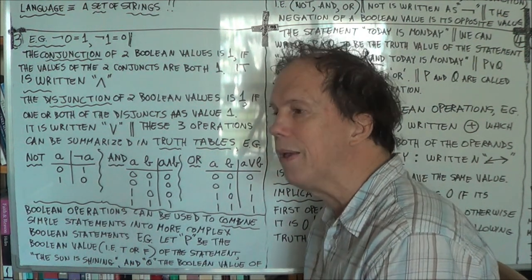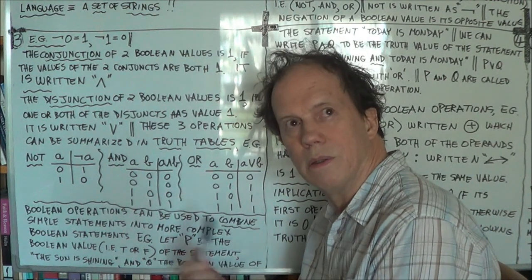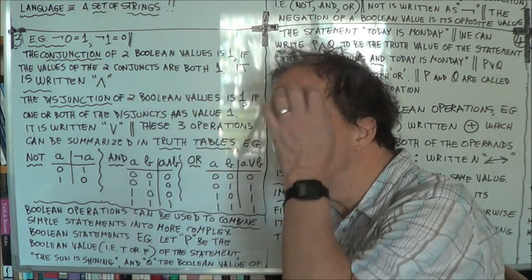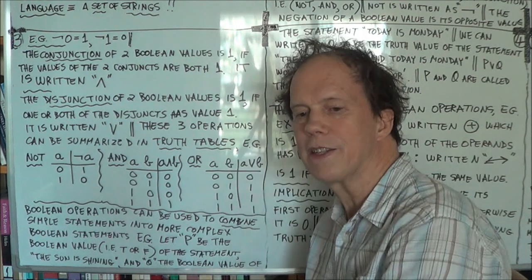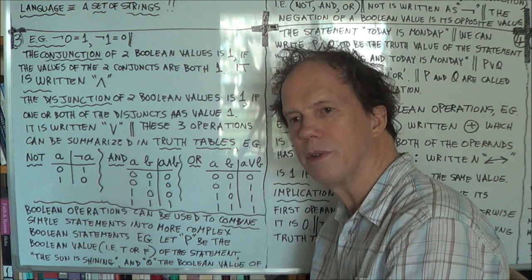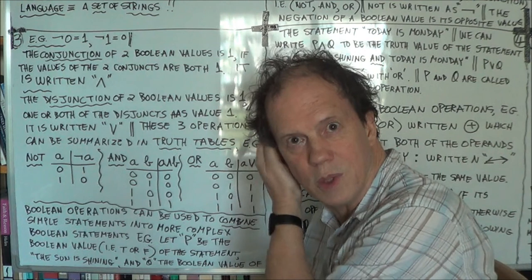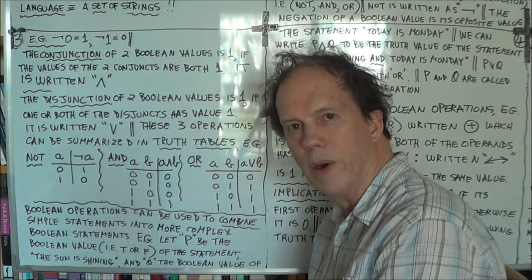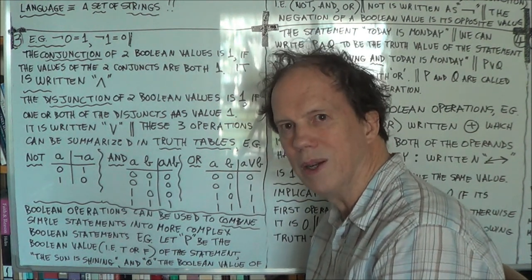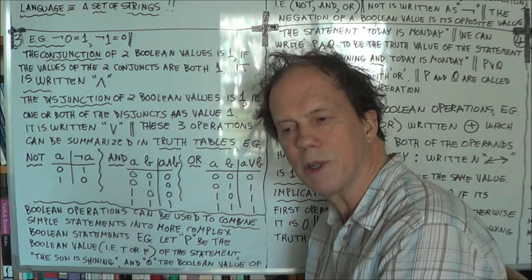Okay, and in all the other three cases, because there are four possible cases, x can be true or false, y can be true or false, or if you're thinking in terms of zeros and ones, x can be 0 or 1, y can be 0 or 1. So there are four possible cases.